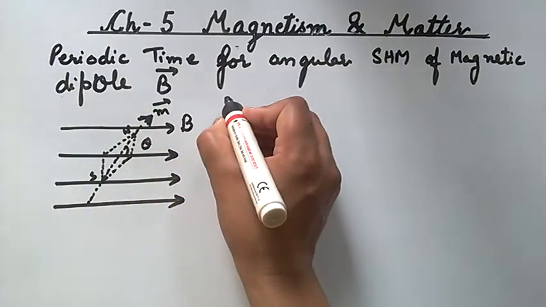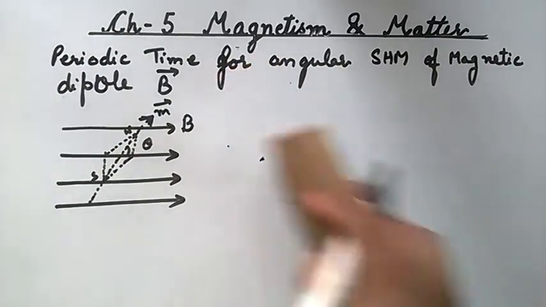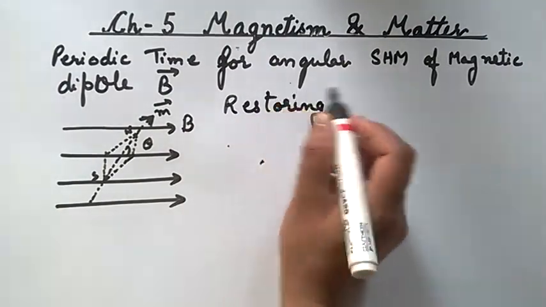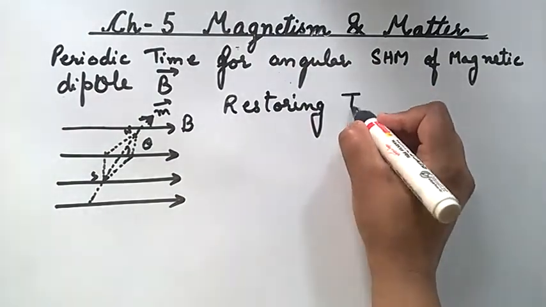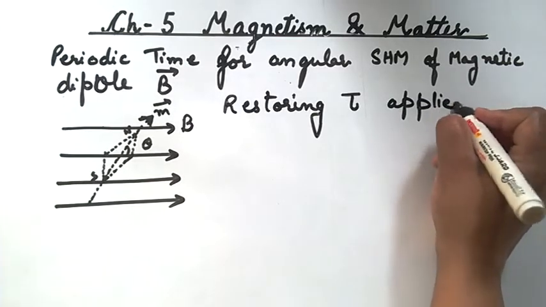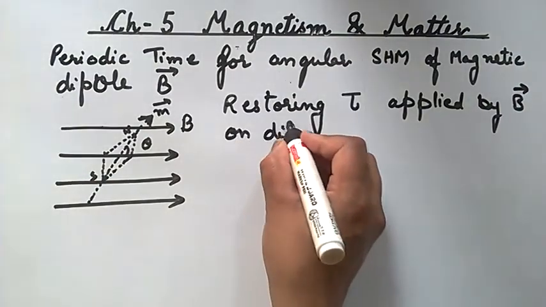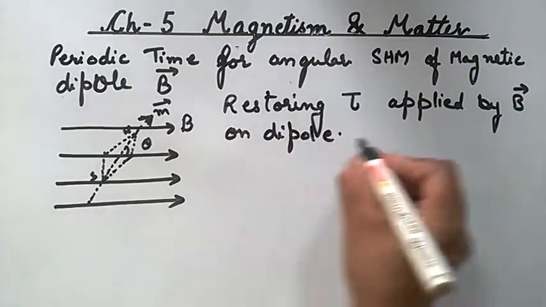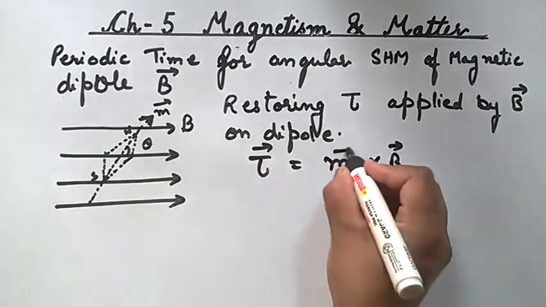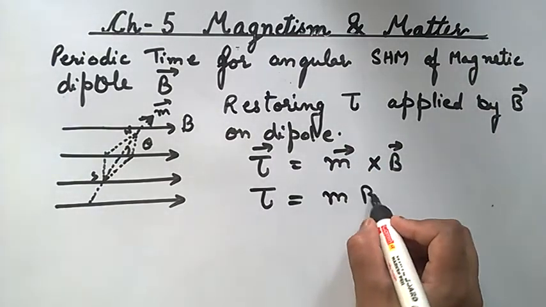Then the restoring torque applied by the magnetic field on the dipole is equal to magnetic dipole moment cross magnetic field, and in magnitude form we can write it as MB sine theta.